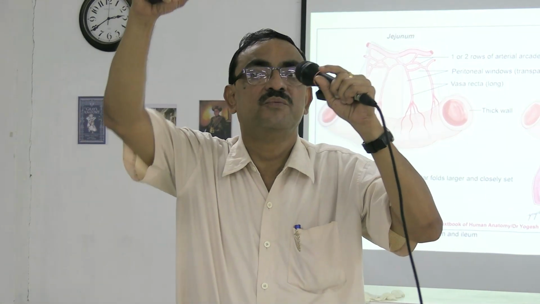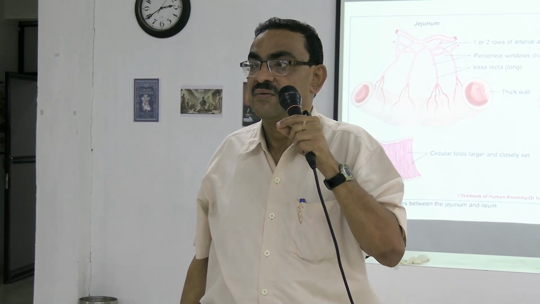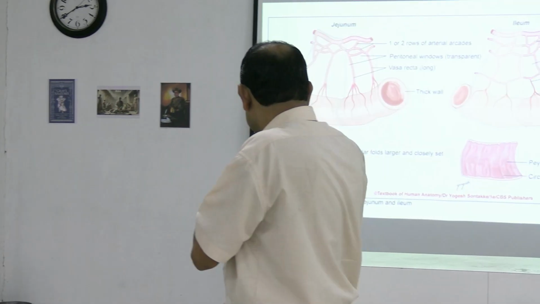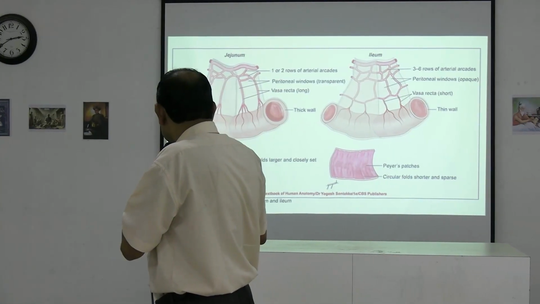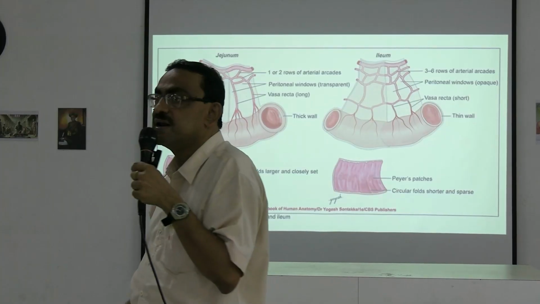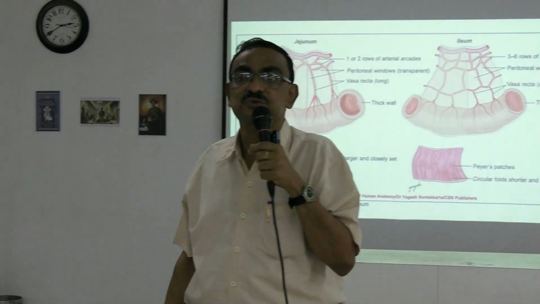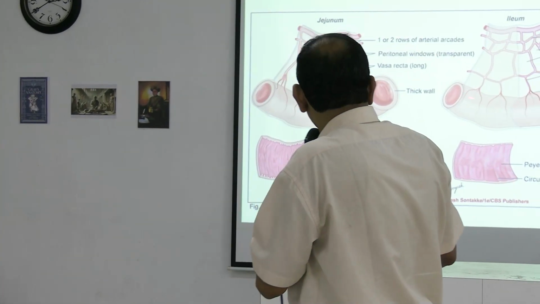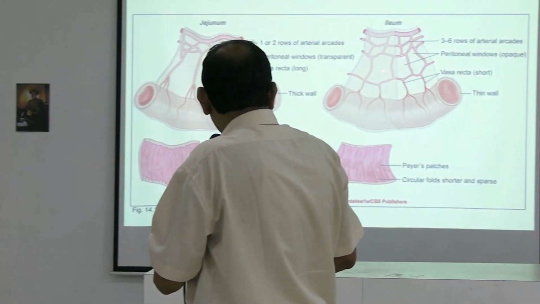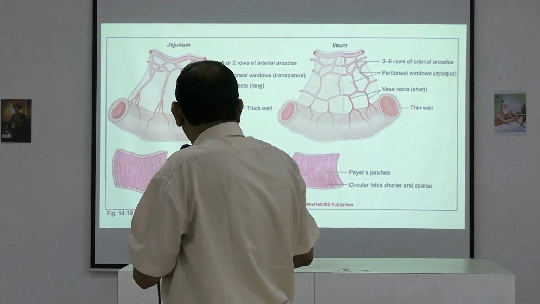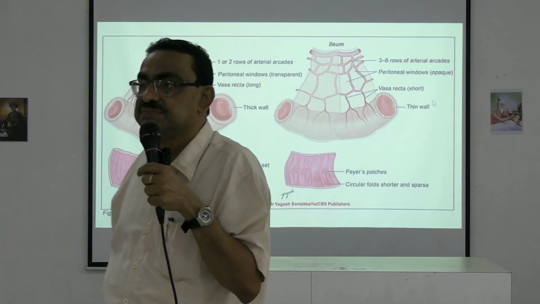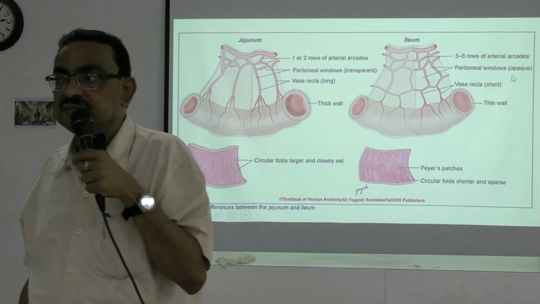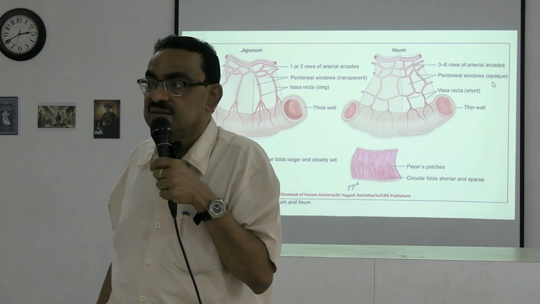That means when we hold it against the light, we can see these blood vessels, and we can see this a bit transparent area in the jejunal end. But on the ileal end, these areas are covered. Actually, there is an accumulation of dense fat in between the arteries.